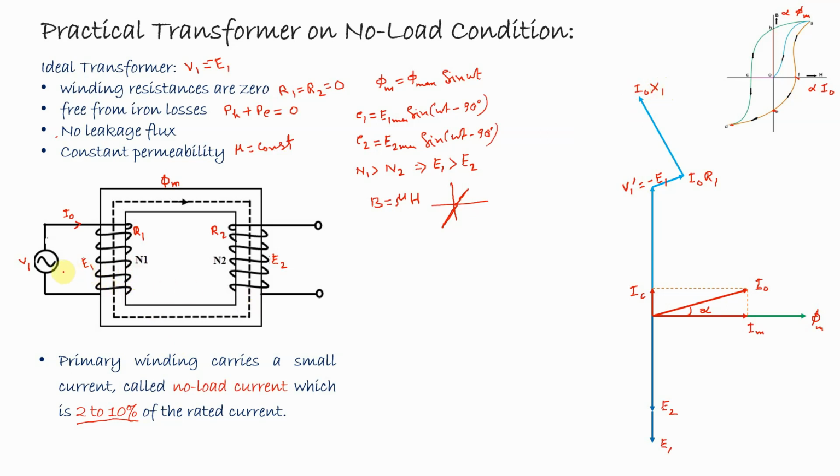Now in the primary side, if we consider the relations between the voltages, V1 dash is the voltage which is equal and opposite to the induced EMF. I naught R1 is the voltage drop in the resistance, and I naught X1 is the voltage drop in the reactance. All these voltage drops have to be supplied by the source voltage V1. Therefore, if we join all these voltage drops, we get the primary supply voltage V1.